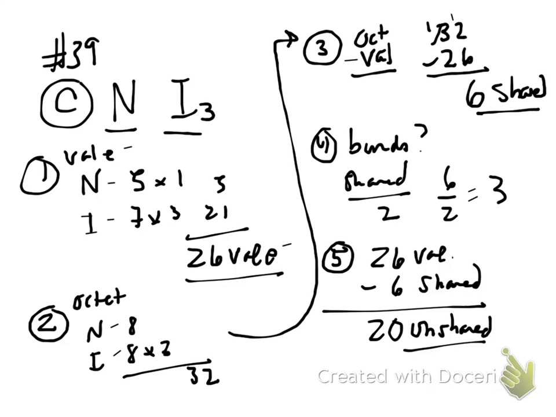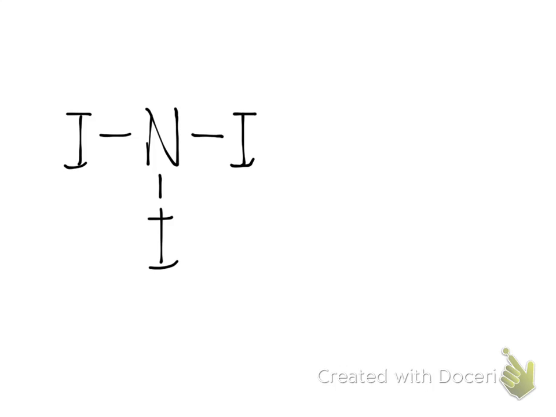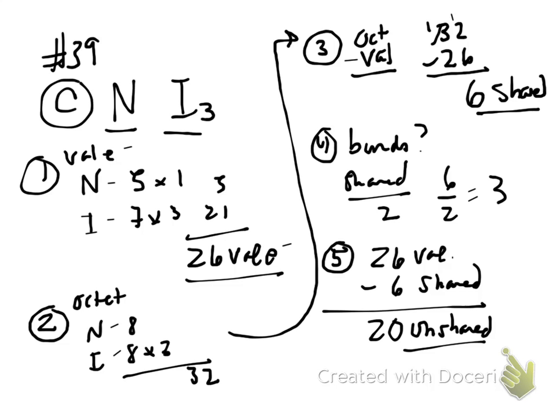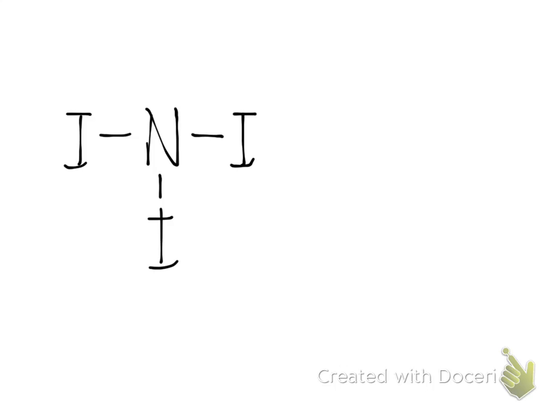Okay, let's go ahead and draw this. Well, if we just lay this out with 3 bonds, we get that, right? And we've got 3 bonds, but we know that we have 10 unshared pairs. And if we're going to start assigning unshared pairs, let's look at nitrogen first, our central atom. How many does it have? 6.